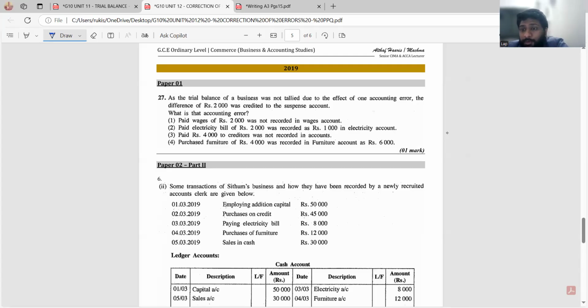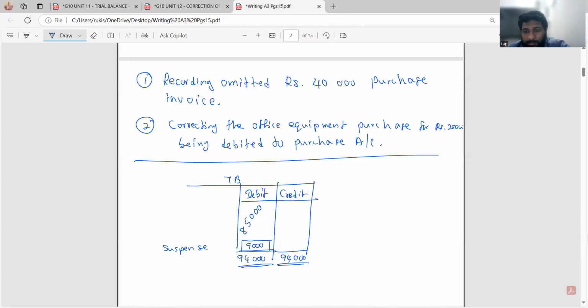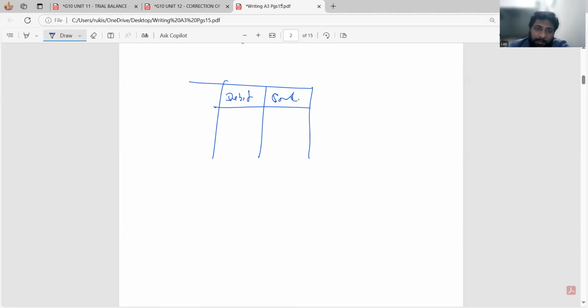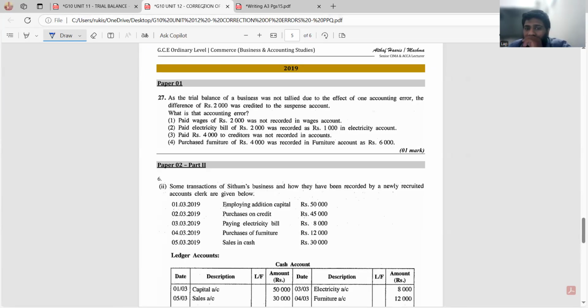So we have put the 2000 to the suspense. What you have to understand is, here you can do this question in different ways. This is one way of it. If this is the trial balance, debit side and the credit side, here you have credited 2000 to the suspense.